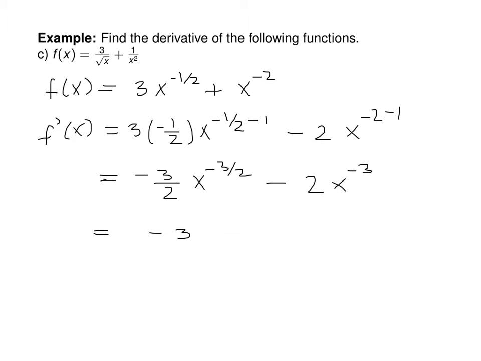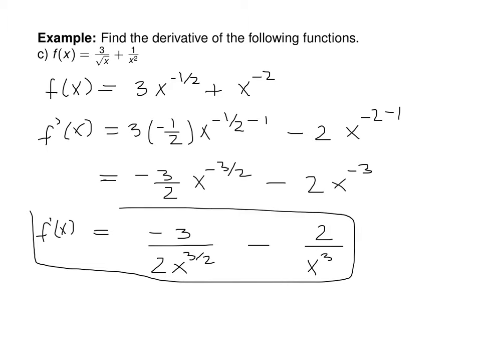So negative 3 over 2x to the 3/2 minus 2 over x cubed. And that's your derivative. Technically speaking, x to the 3/2 could also be written as the square root of x cubed. The denominator is the kind of root, in this case a square root. The numerator is the whole number power.